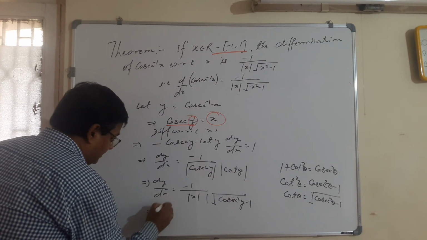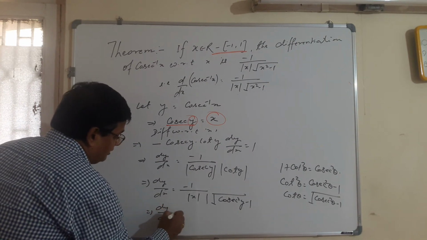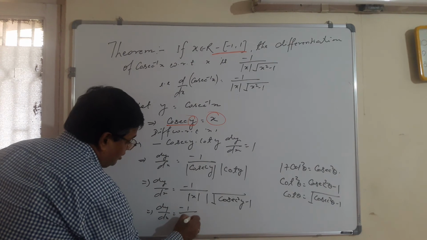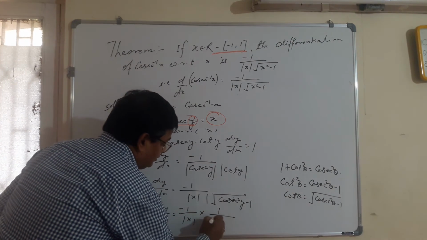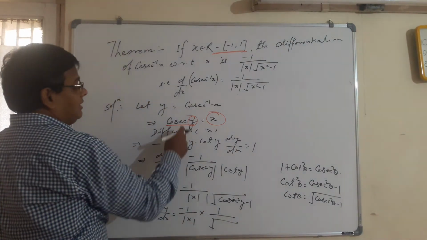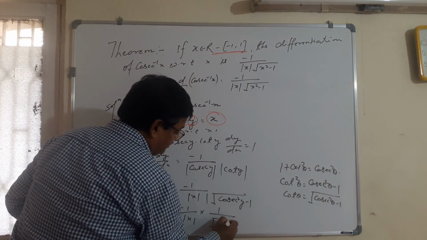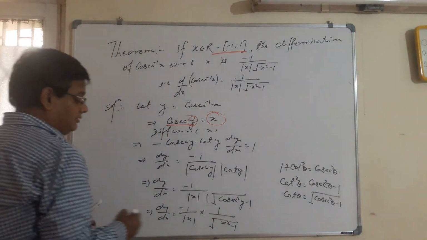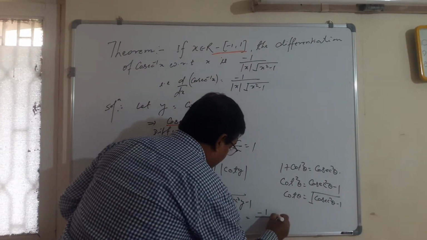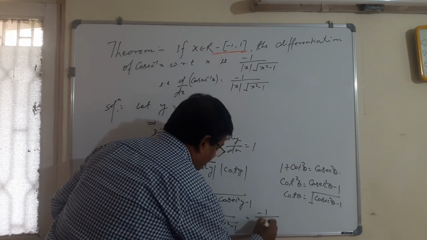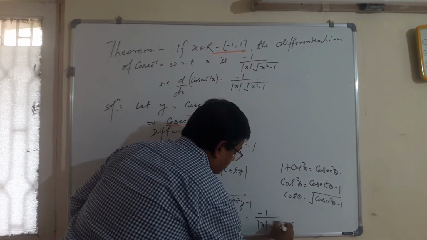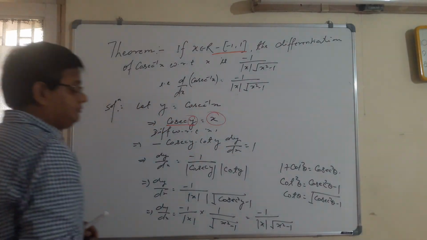So dy by dx is equal to minus 1 over mod of x into square root of x square minus 1, since cosec y is x. So it means minus 1 divided by mod of x square root x square minus 1.